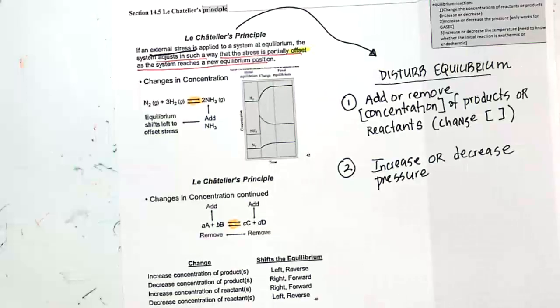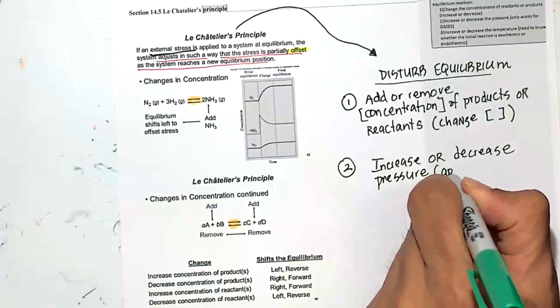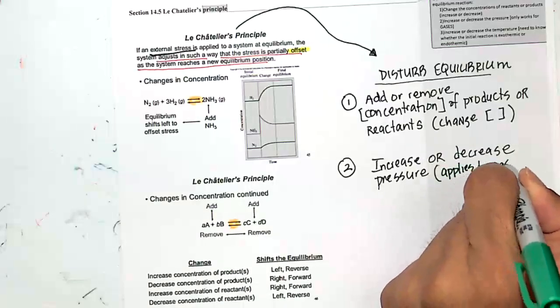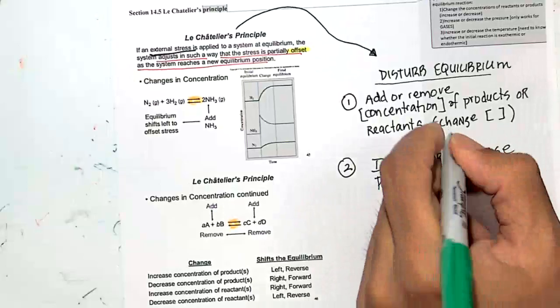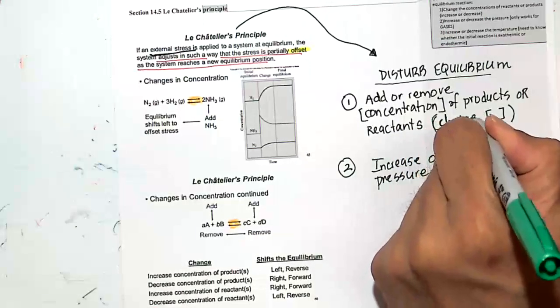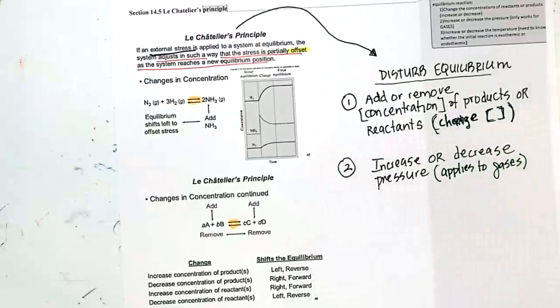When we talk about pressure, we're really talking about gases, so this applies for gases. In rule one, we were changing the concentrations, moles over liter, of products or reactants.